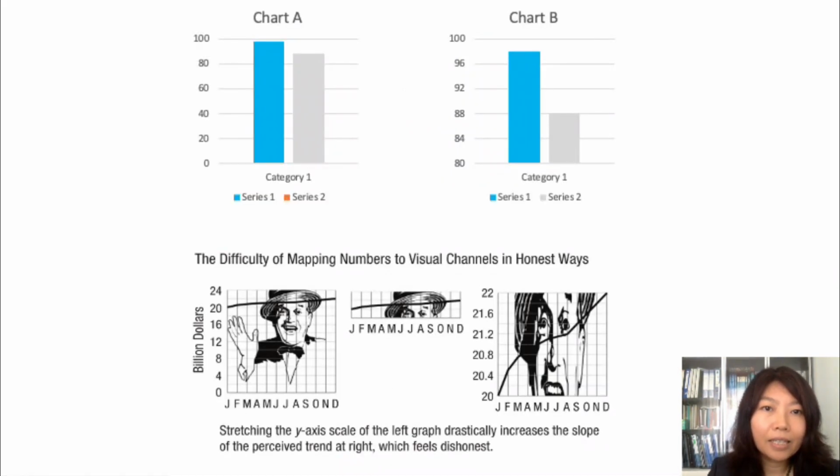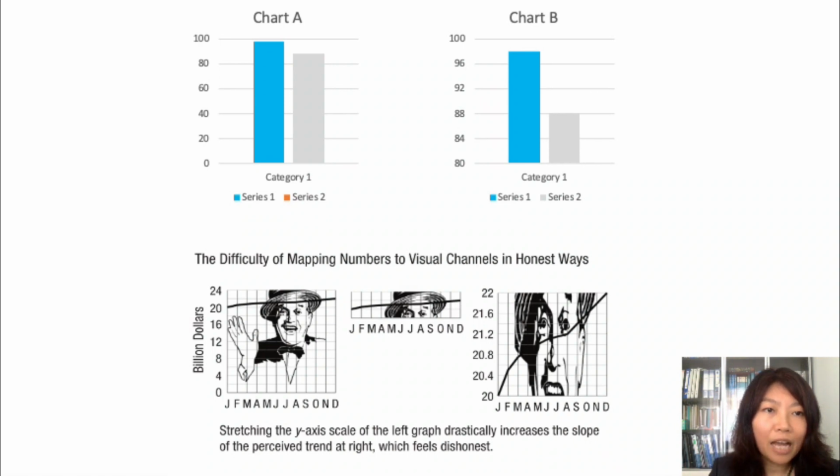And here, if we look at chart A and chart B, you may think that the difference between the blue one and the green one in chart B is greater. But this is just a trick, because we pay more attention to the difference of the 2 bars.